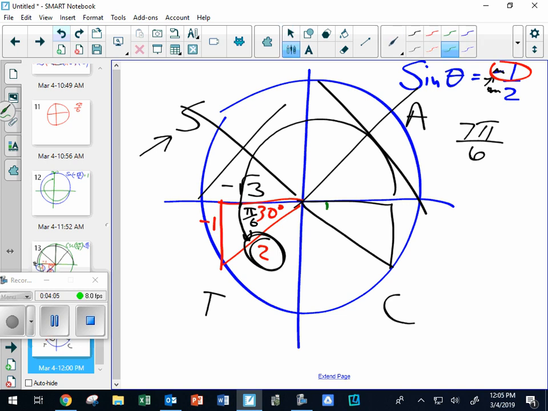Would you agree that this part is pi over 6? I think we're both on the same page on that. Okay. And then I would think of it this way. If I go all the way around, that would have to make 2 pi, which is the same thing as 12 pi over 6. So when I back off this one, it's going to be 12 pi over 6, take away 1 pi over 6, 11 pi over 6.